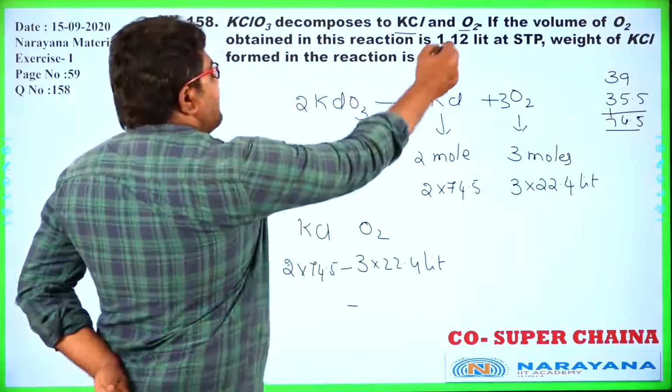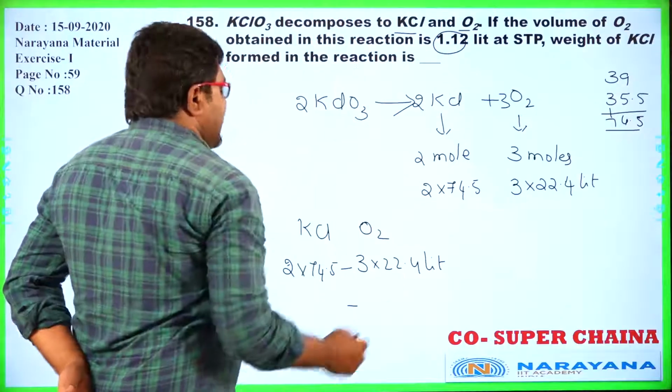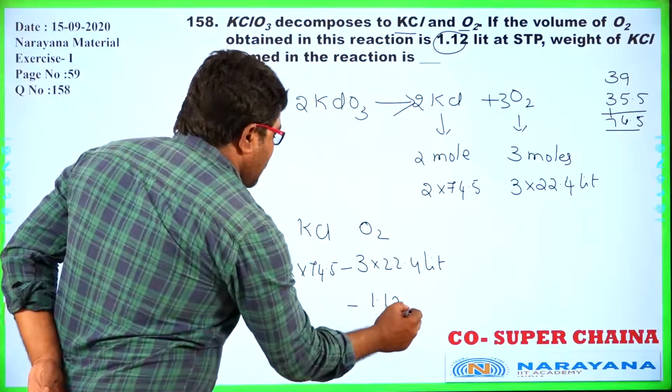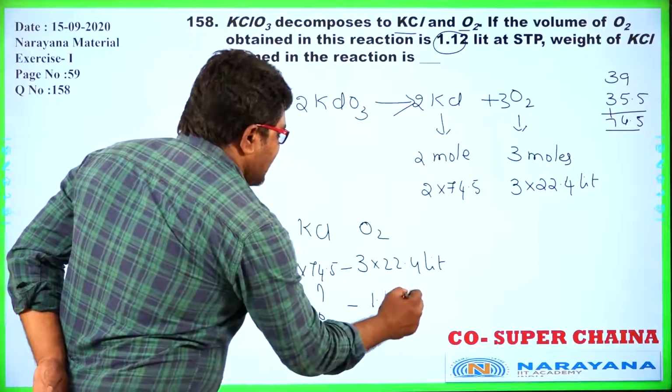If only 1.12 liters of oxygen formed, then how much amount of KCl is formed?